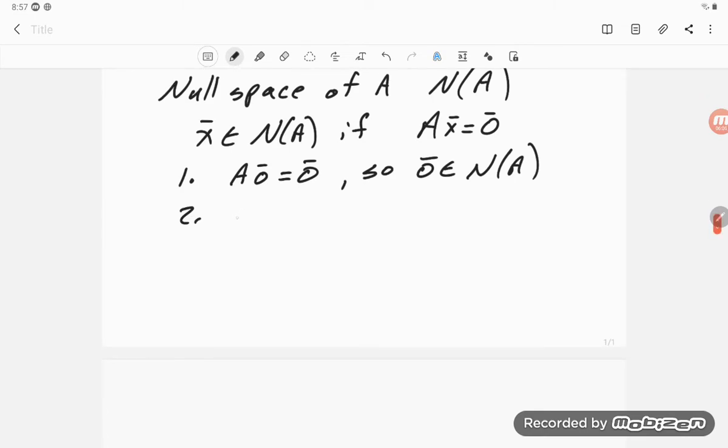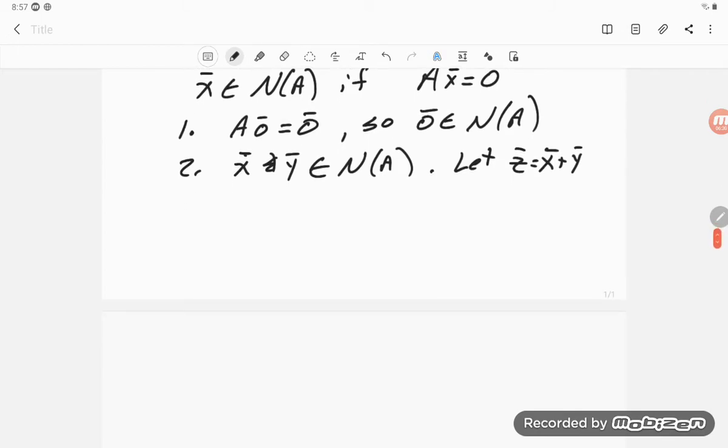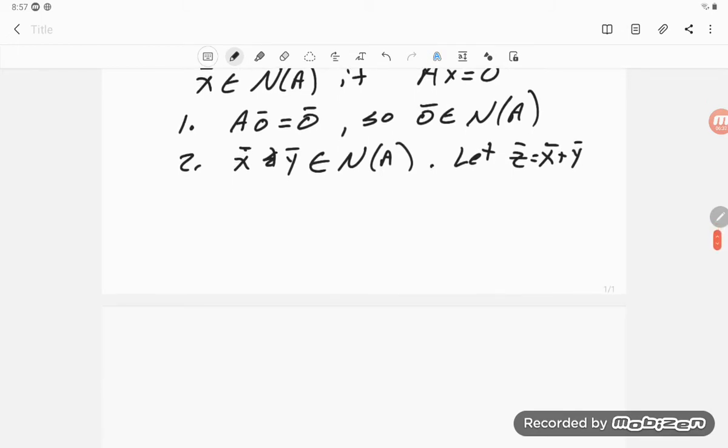Now, how about addition? Well, what we have to say is something like, X and Y are elements of N of A. And now what we have to do is let Z equal the vector X plus the vector Y. Now we need to see if A times Z is equal to 0.